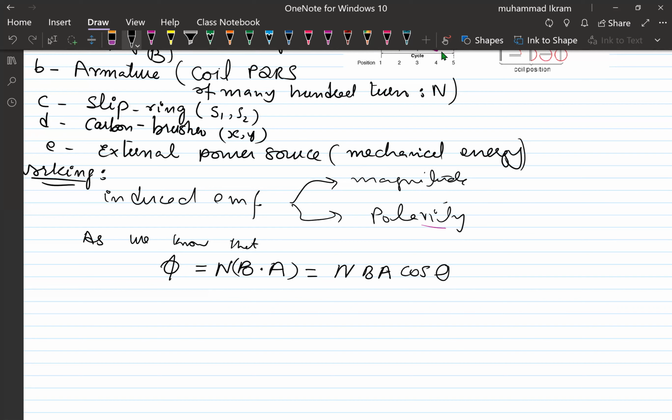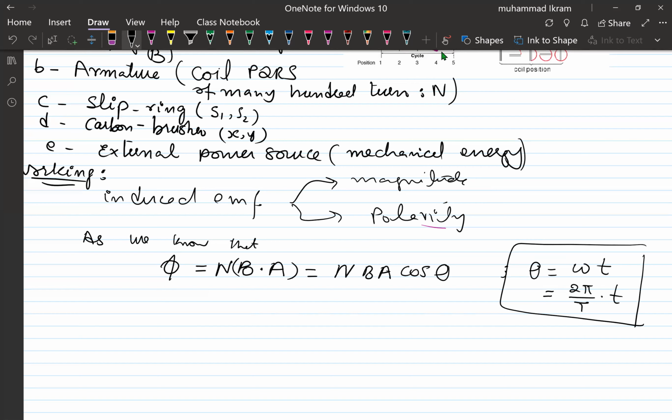And this theta is equal to omega t, or we can write this as 2 pi by T into t. Now you can find your maximum induced EMF using this condition, and I'll be coming to this one.